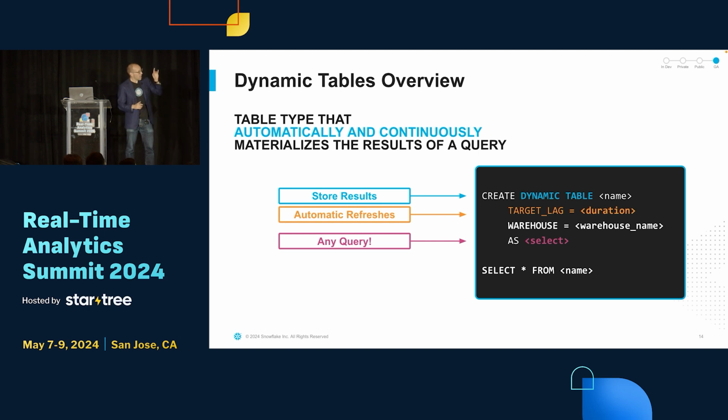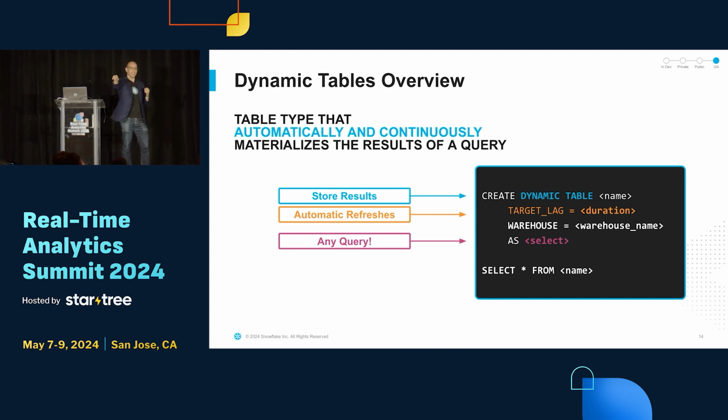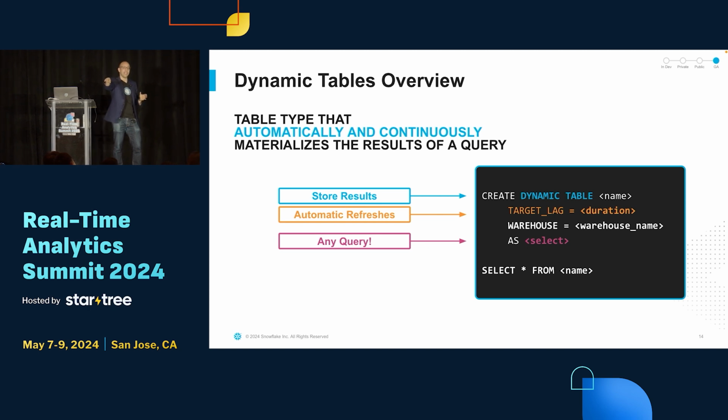And the other cool feature here is that you can connect a lot of dynamic tables together. So instead of setting a target lag for every table, you can have a whole tree. And then you can say that the lag depends on what everyone else wants. So everything can have a lag depending on the other tables. And then on the last one, you say, I want this to refresh every minute.